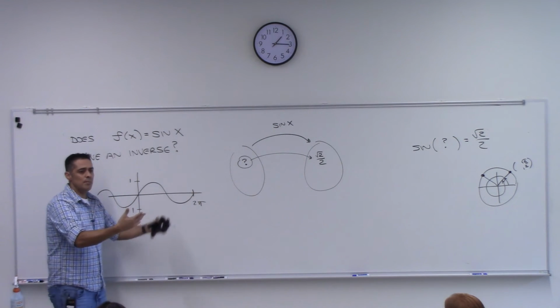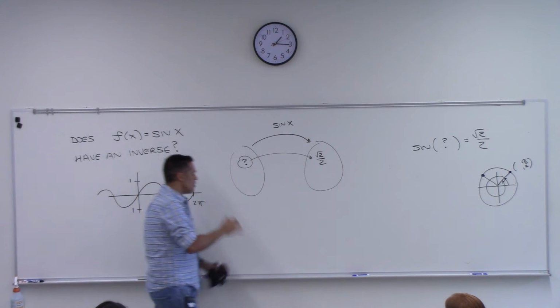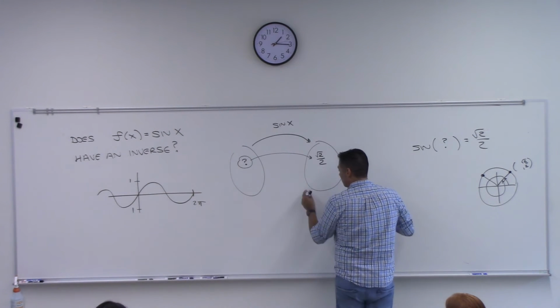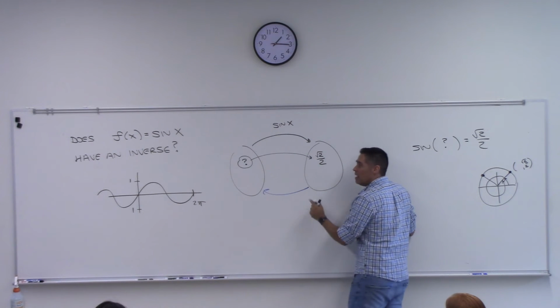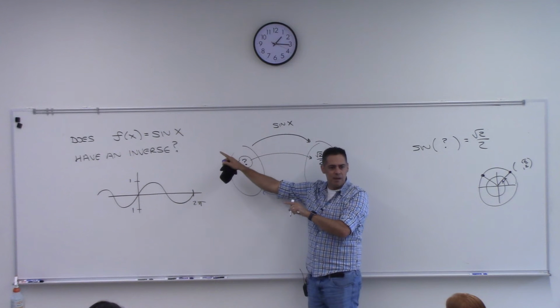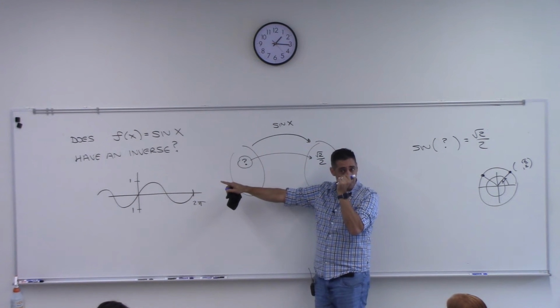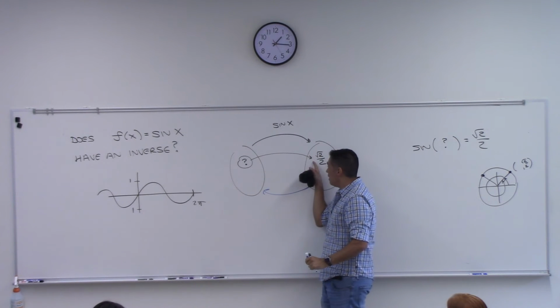There is an infinite number of answers. And that is a major problem, because if I'm trying to have an inverse function send it back, I need to know where to send it to. I can't send it to an infinite number of places. It has to go back to one place. That make sense to you? I have to send it exactly back.